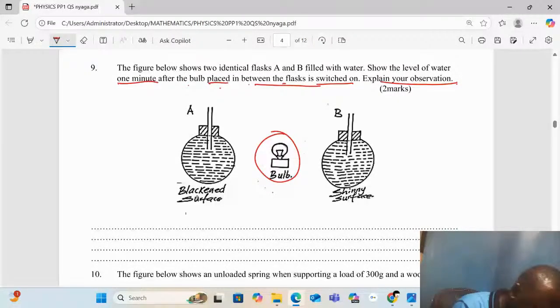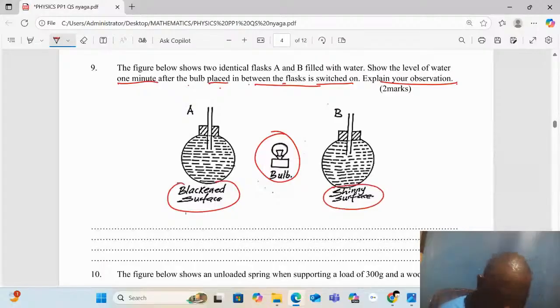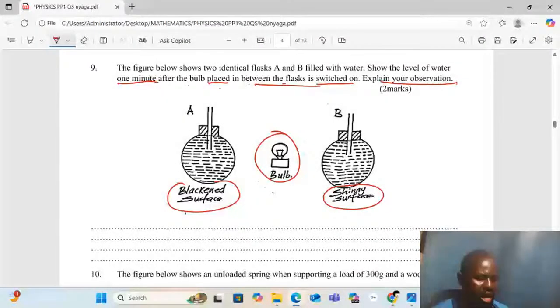We are having a difference in the type of surfaces here. A is a blackened surface and B is a shiny surface. So what will be the difference? We do know that blackened or dull surfaces are good absorbers of heat, and at the same time they do emit it.